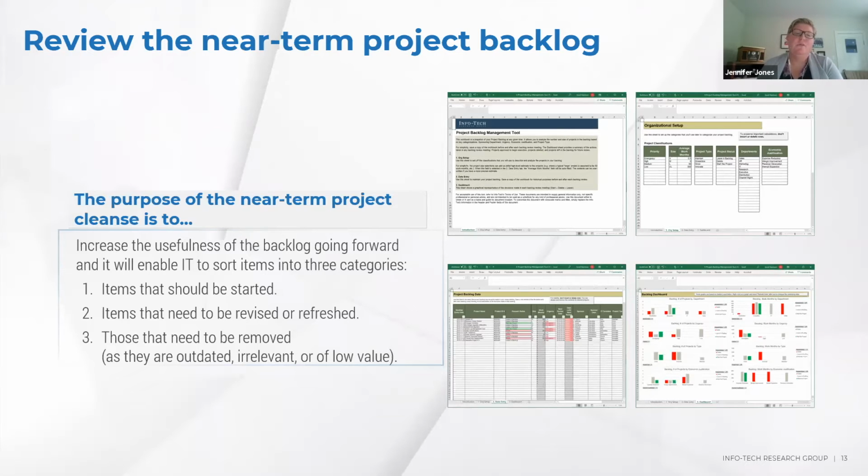The purpose of this is to identify items that should be started, identify items that need to be revised or refreshed, and those that can be removed because they're either irrelevant, outdated, or of low value.